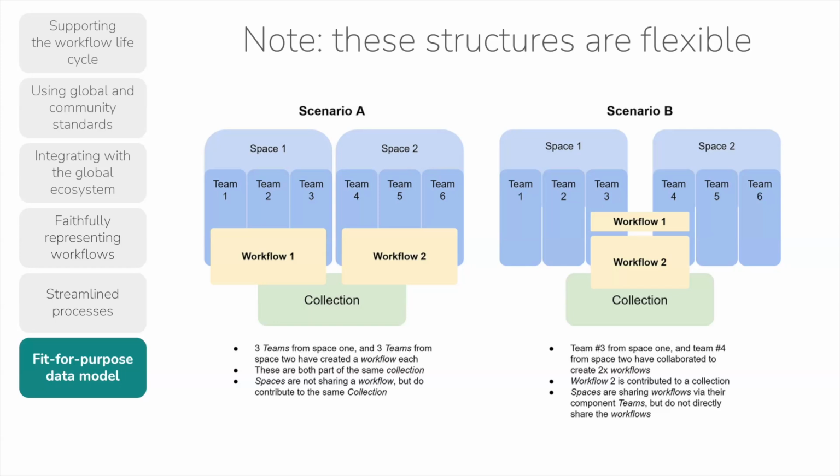Within them, they have multiple teams, and they can relate to workflows in different ways. So those big organizations might develop workflows independently, and they may share them in a collection, which describes a set of workflows for a particular purpose or a particular domain, or they may actually share that workflow development. So the structure is flexible and can accommodate. Next slide, please.